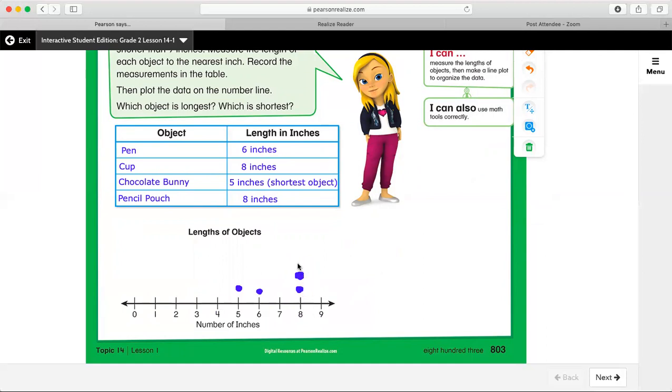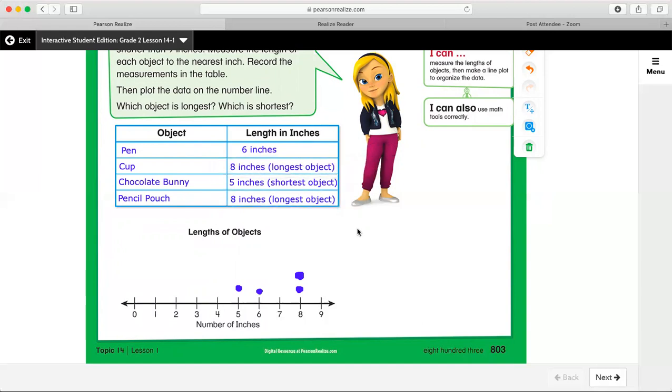So I know that these 2 are my longest. So I can say that this is my longest object, and this is my longest object because they're both 8 inches long or tall.